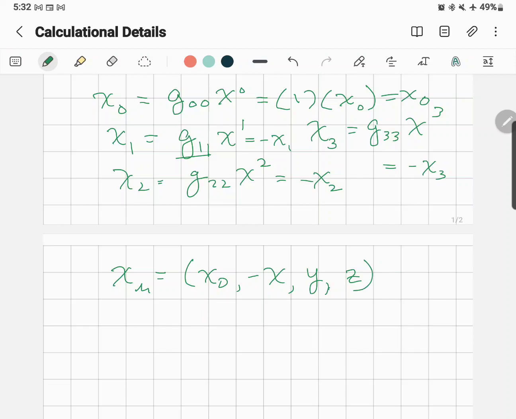So that's just your x_μ compared to your x^μ, which is x0, x, negative y, negative z. So that's just it.